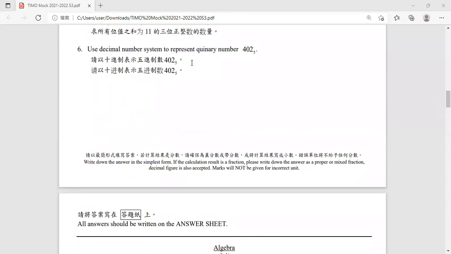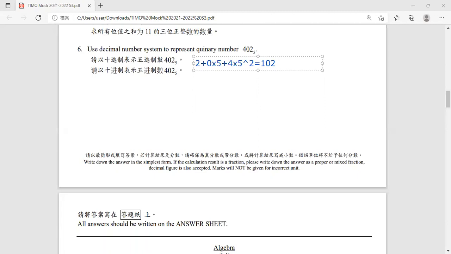This one is easy. You just use the place value to go back. The place value for the 2 is only 2. And the 0 is 0 times, because this is a quinary number, so the 0 means 5 times 0. And the 4 means that the place value is 5 squared. So it's just adding all this up.